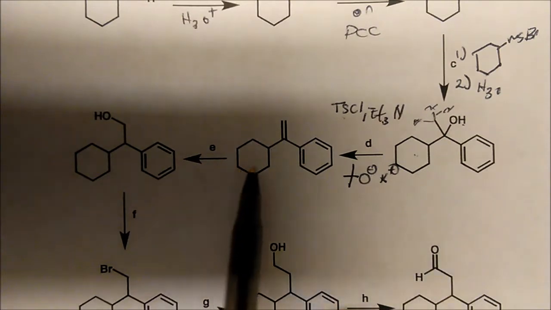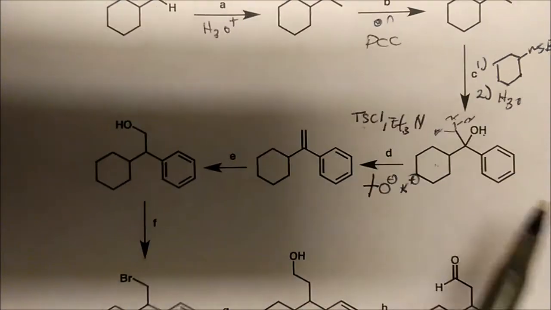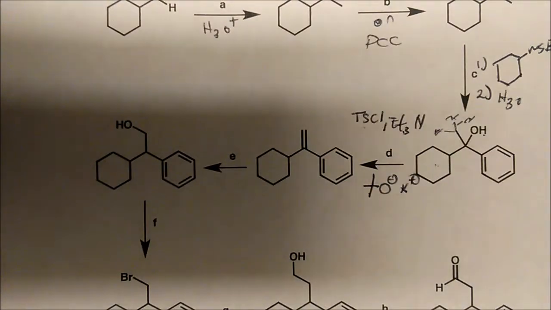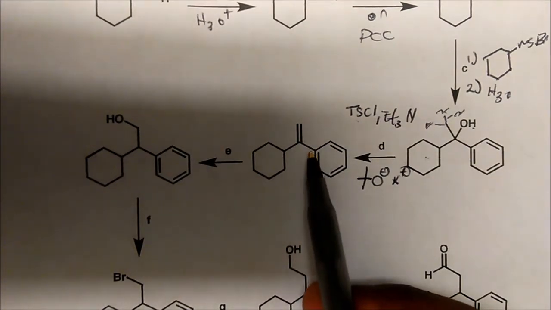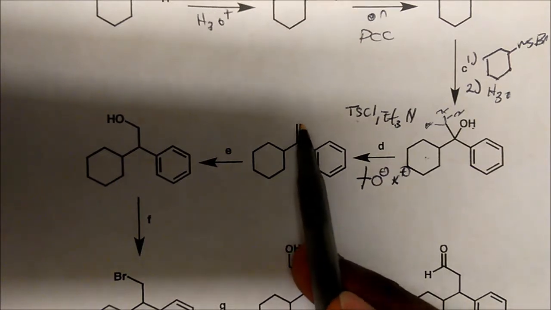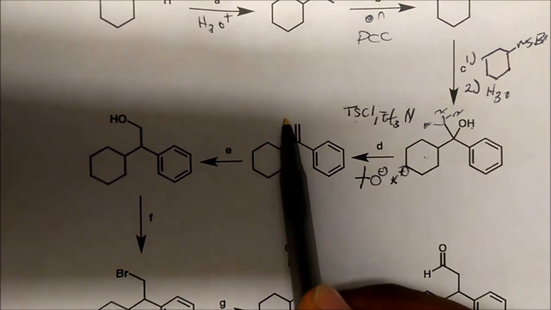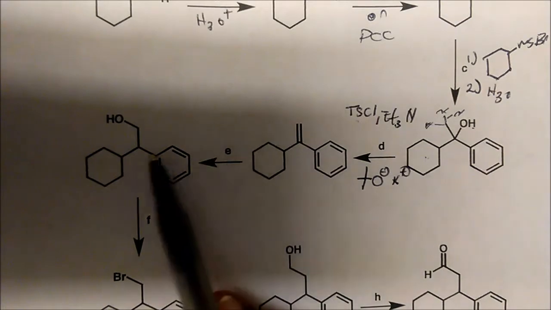Now I'm taking a look at this product, and we got to an alcohol. What am I thinking? Well, look at the substitution pattern for your carbon-carbon double bond. I have an alcohol on the less substituted part of the carbon-carbon double bond. What does that tell you?